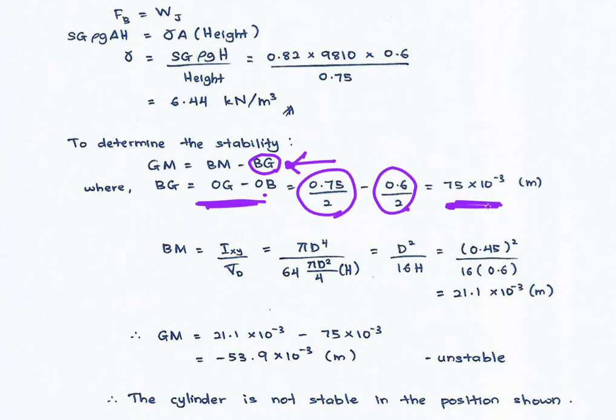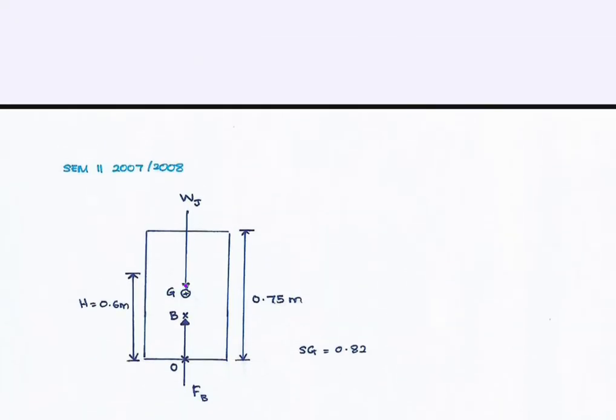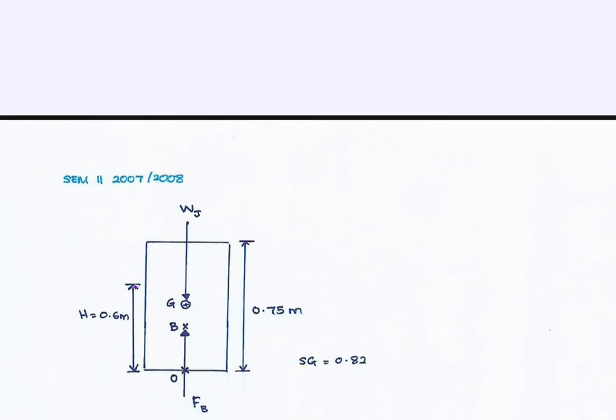Then we could calculate the BM here. BM is the I moment divided by volume. You must be very careful because in this question we have a submerged object, and the water is until this level. What you need to do is imagine from the top view what is the shape on the free surface here.